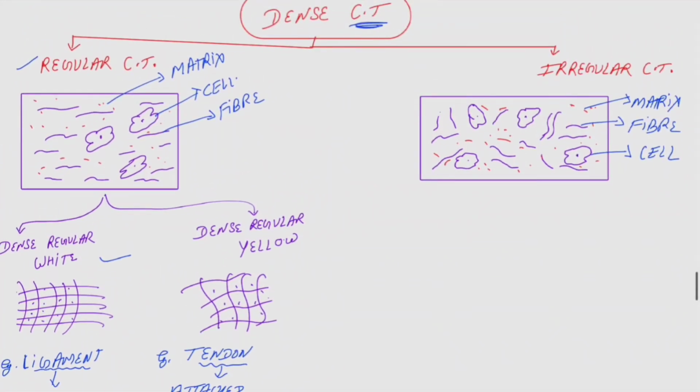Now next is irregular connective tissue. And irregular connective tissue is further divided into two parts, like regular connective tissue. First is dense irregular white, and second is dense irregular yellow.